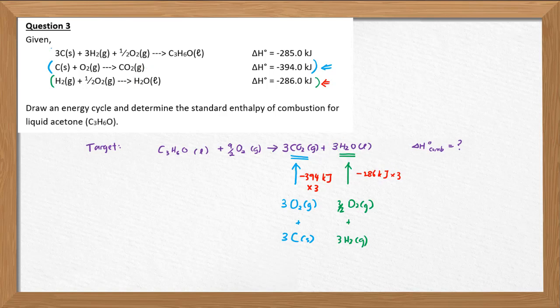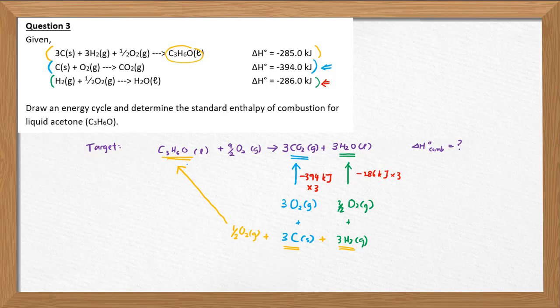Alright, so the last equation, the first one, carbon, hydrogen, oxygen to produce 1 mole of C3H6O. As you can see, where madam underlined C3H6O as the product, we have 3 carbon, we have 3 H2. So what is missing over here? We just add on 1/2 oxygen gas to produce the product C3H6O, your acetone.